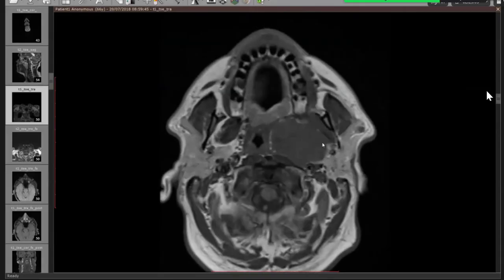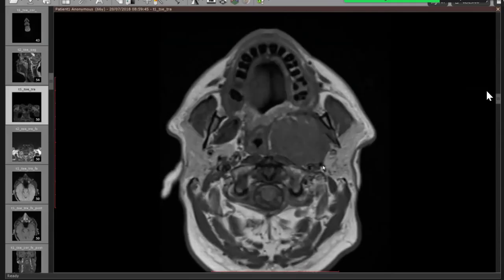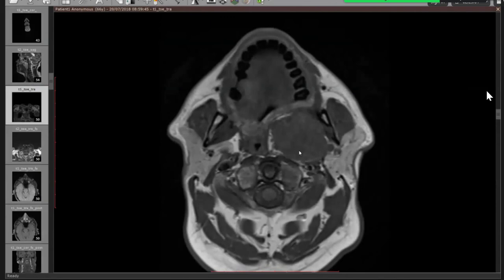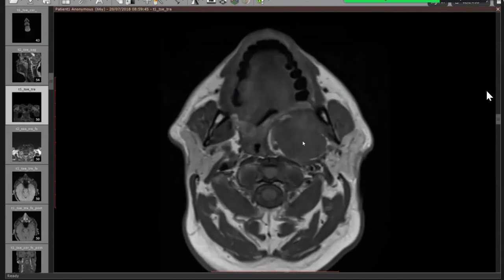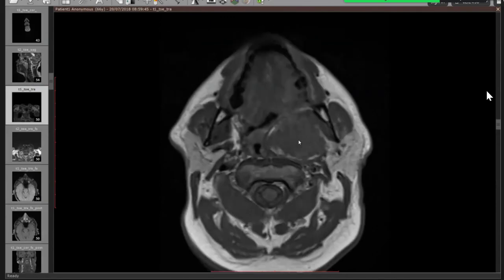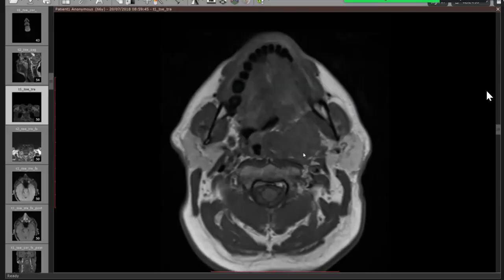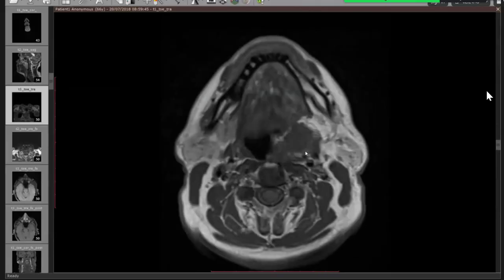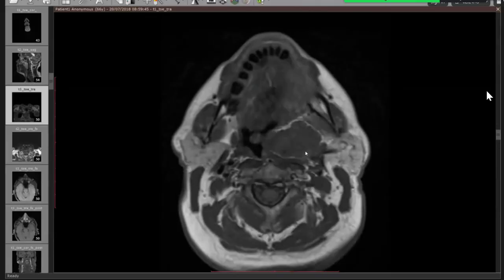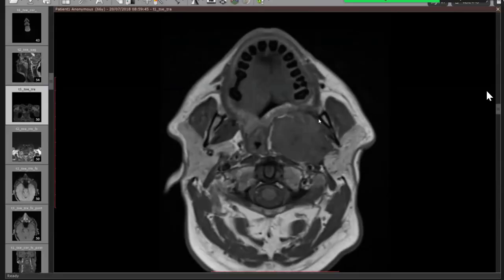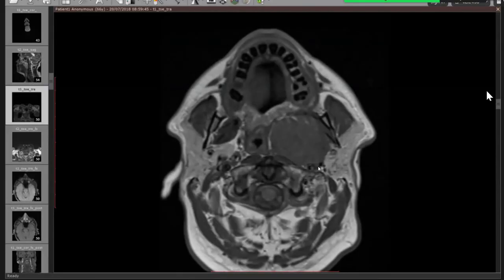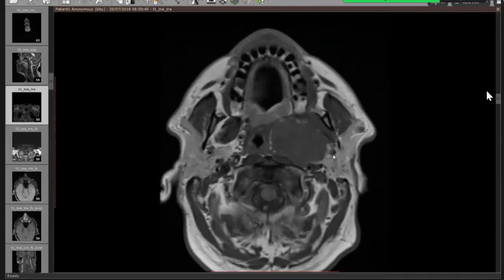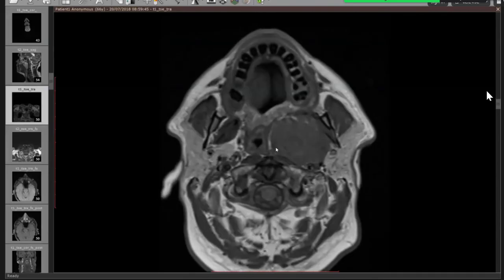So there is a well-defined homogeneously isointense mass lesion on this T1 weighted imaging sequence, which is centered at the left parapharyngeal space with extension anteriorly towards the masticator space and slightly indents the carotid space, which is displaced posteriorly, and the deep lobe of the parotid gland.